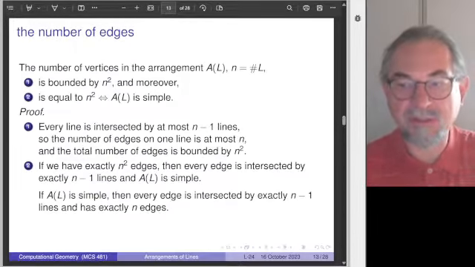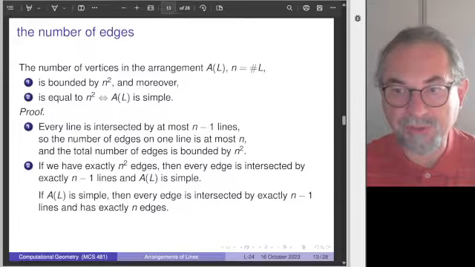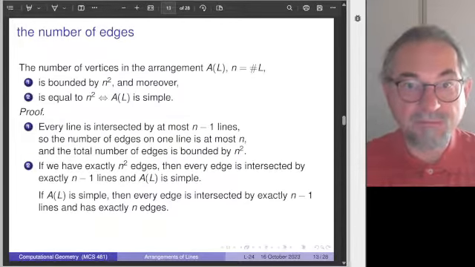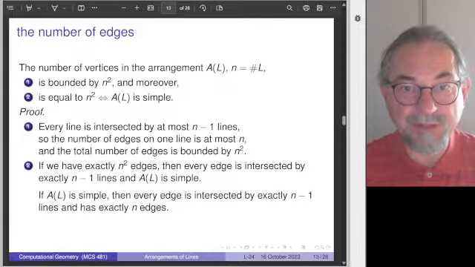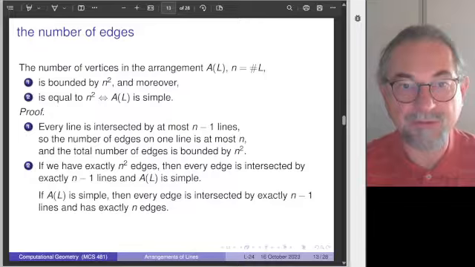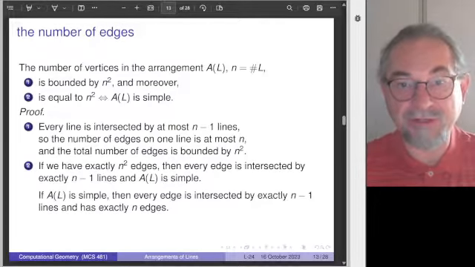Okay, second, the number of edges. If we look at the number of edges, we have n square. How do we get to the n square? Every line is intersected by at most n minus 1 lines. So the number of edges on one line is at most n.